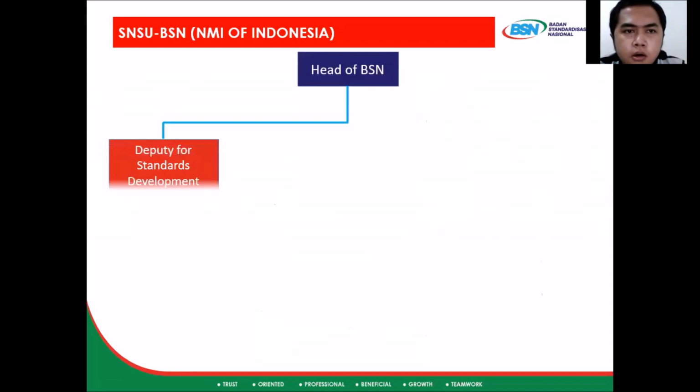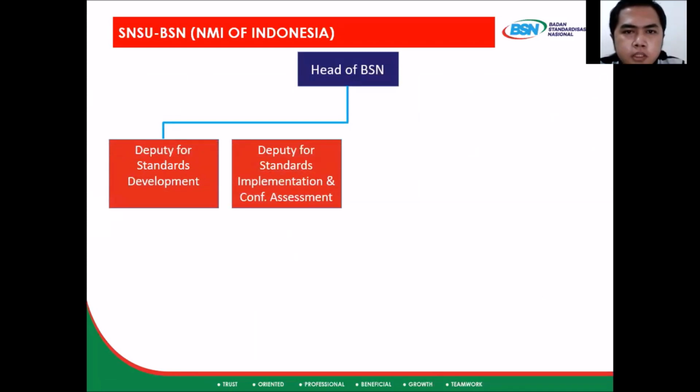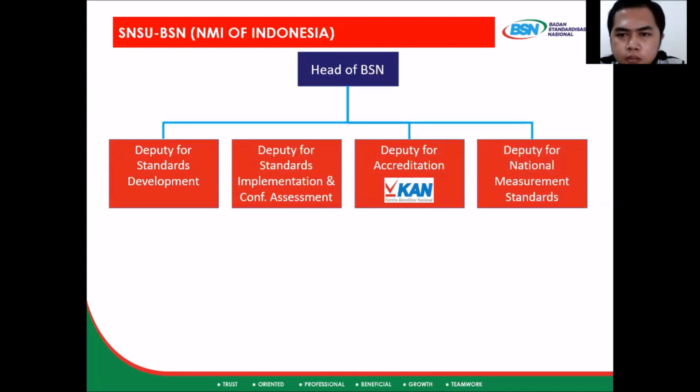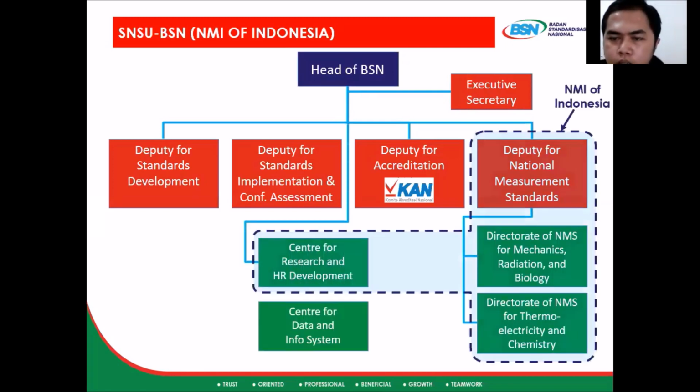Well, this is the organization of the BSN. There is the KAN, Komite Akreditasi Nasional, under the Deputy for Accreditation, and this is our institution. This is the NMI. The Deputy for SNSU-BSN is under the deputy of national measurement standards, which consists of two directorates.